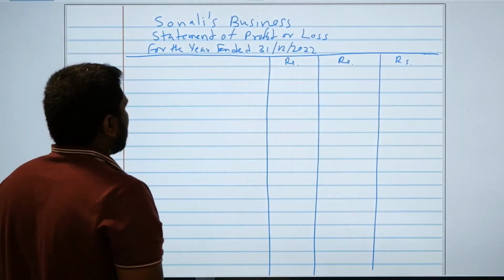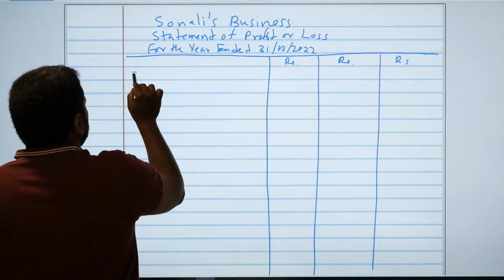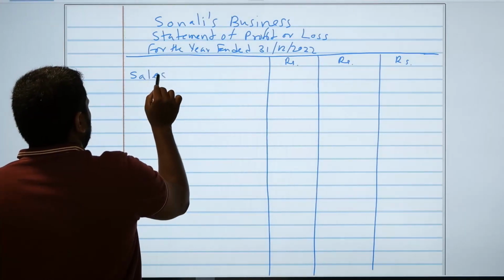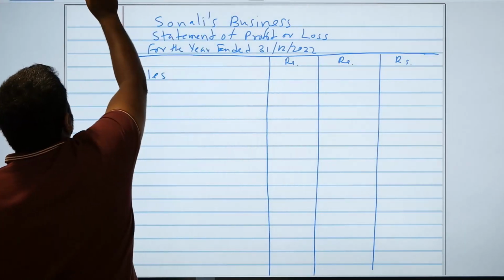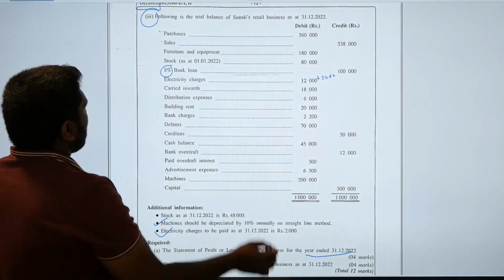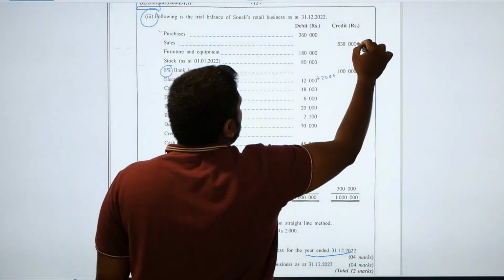So for the income statement, we have to start with the sales. So let's go to the trial balance. Sales, how much do we have? 538,000.